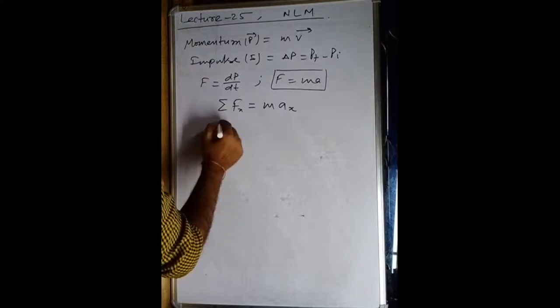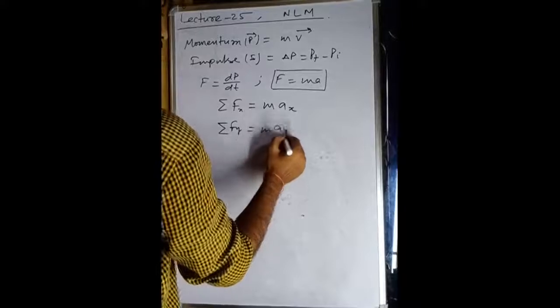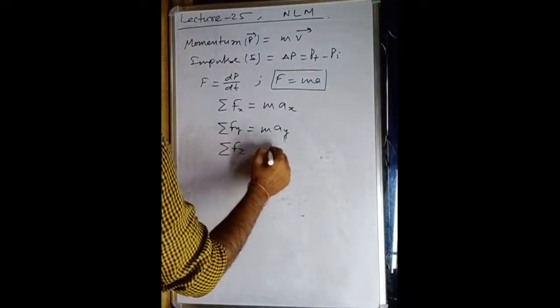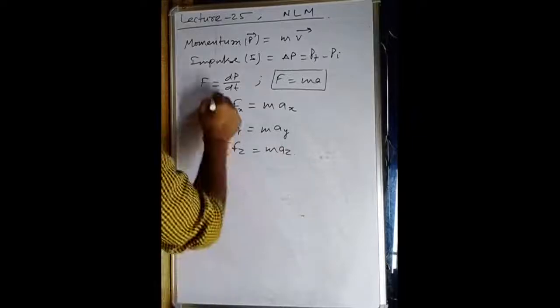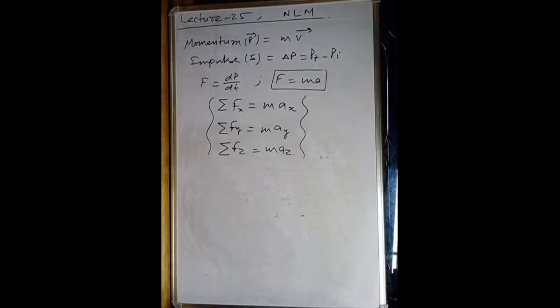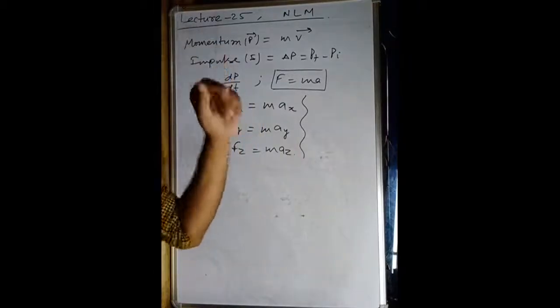If we are considering the y-axis, then it will be may, with proper axis fixation. On the z-axis, it will be maz. That is the mathematical equation of Newton's second law. Students, you studied the conservation of linear momentum in standard 9.